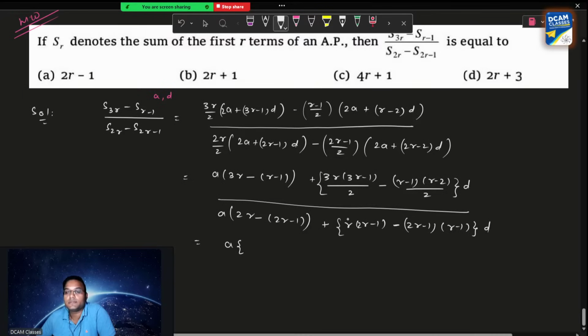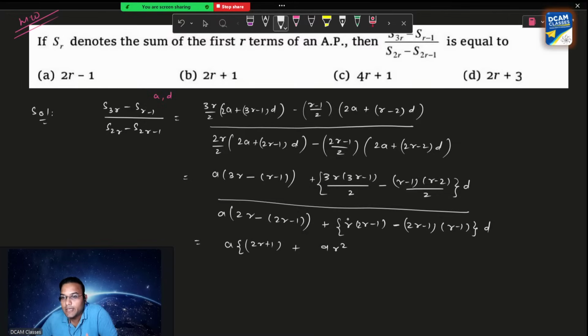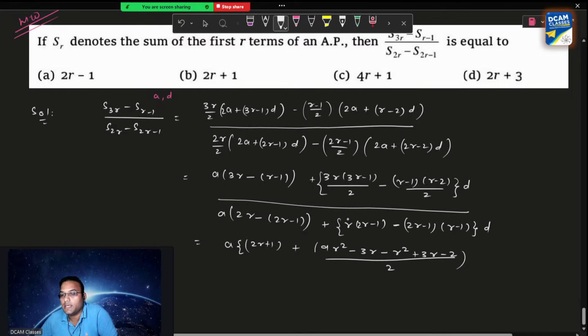The upper part becomes 3R minus R, that is 2R plus 1, plus, in the numerator R by 2 will come outside, so 9R square minus 3R minus R square minus 2R minus 1 minus 3R, so it will become plus 3R plus 2 minus 2, whole divided by 2, into D. This is the numerator.